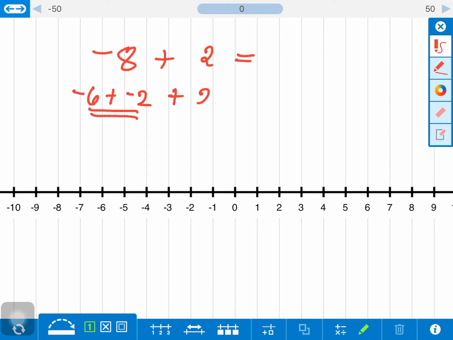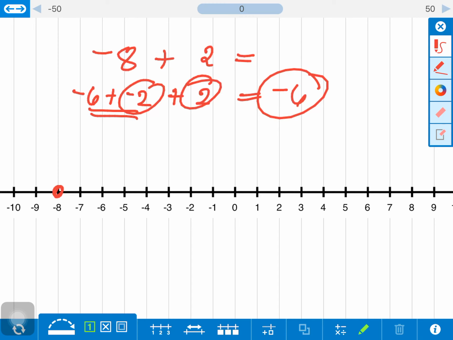If I add that to 2, this will be 0. So I am left with negative 6. Now, how do I show that on the number line? Negative 8 is right here, and I'm going to add positive 2, which means that I'm going to the right because I have a positive number. So move 2 units and I'm here at negative 6.